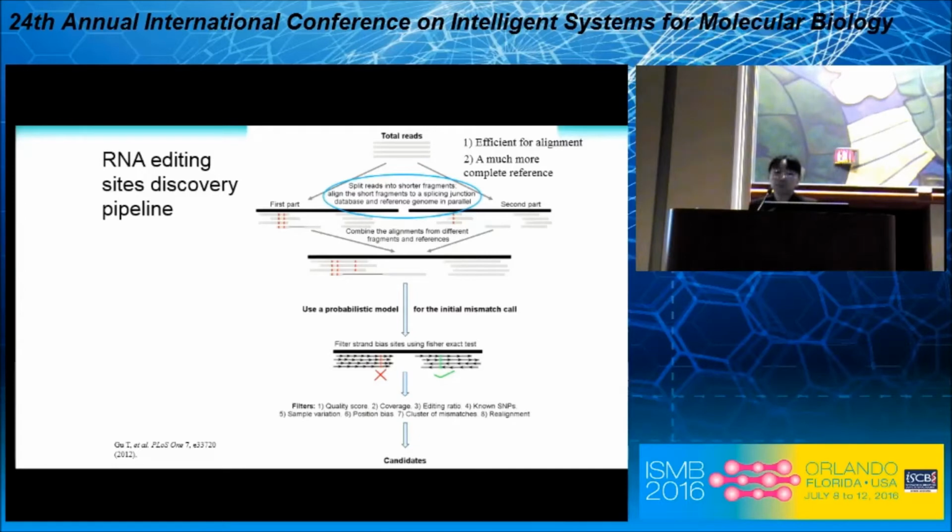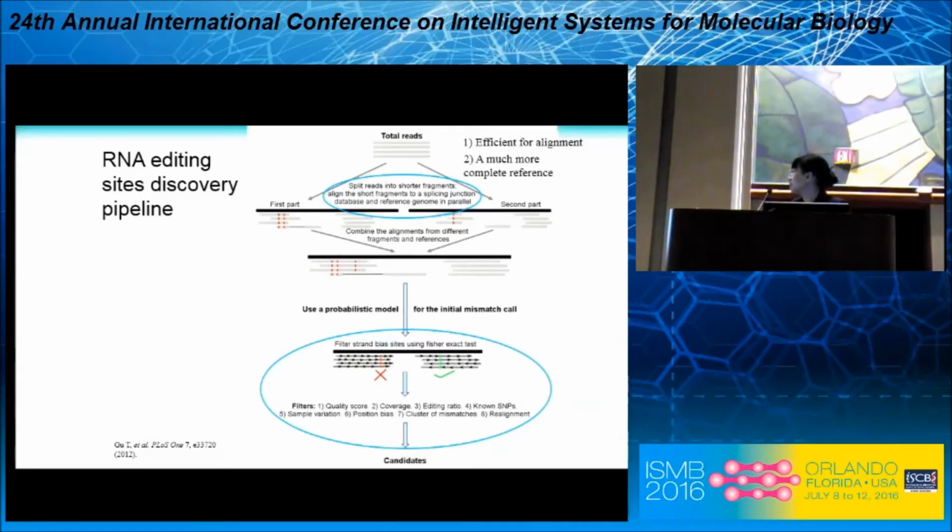So I developed multiple filters to remove those artifacts that arise from different sources, such as using Fisher's exact test to remove the strand biased sites. And also many other filters, such as based on the quality score, the coverage, the editing ratio, and removing known SNPs.